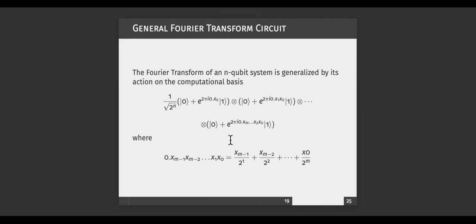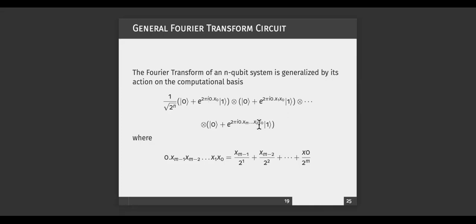Now, there is an interesting notation here that I would like to point out to you. This notation, as you can see, is 0 dot x0, 0 dot x1 x0, 0 dot xn dot dot dot x2, x1, x0. That is the binary representation of a decimal, called the binary decimal representation.